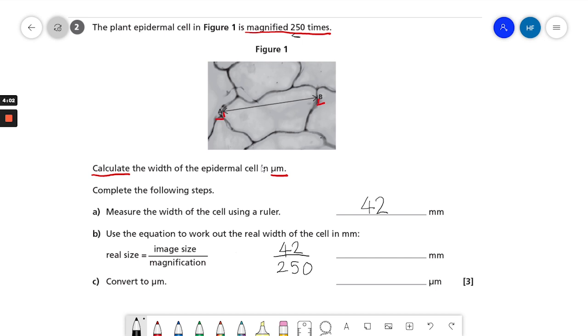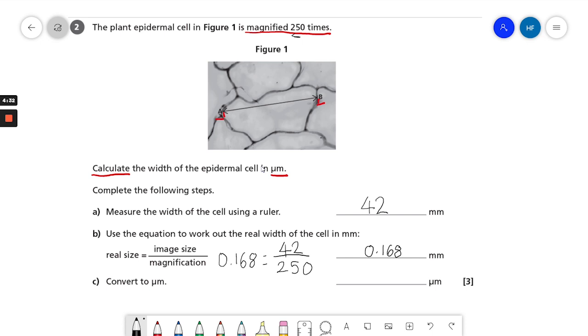Now, if you do that on a calculator, 42 divided by 250, you should find out that it works out to be 0.168. Now, so that's the real size that we've just worked out there in millimeters. So I need to remember just to put my answer over here, 0.168 millimeters.